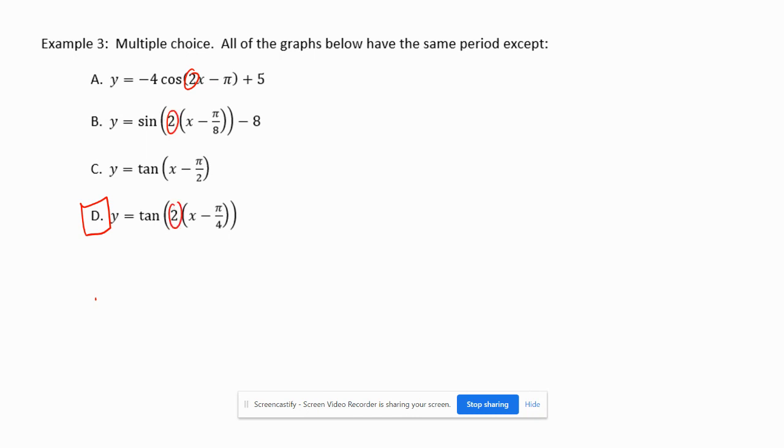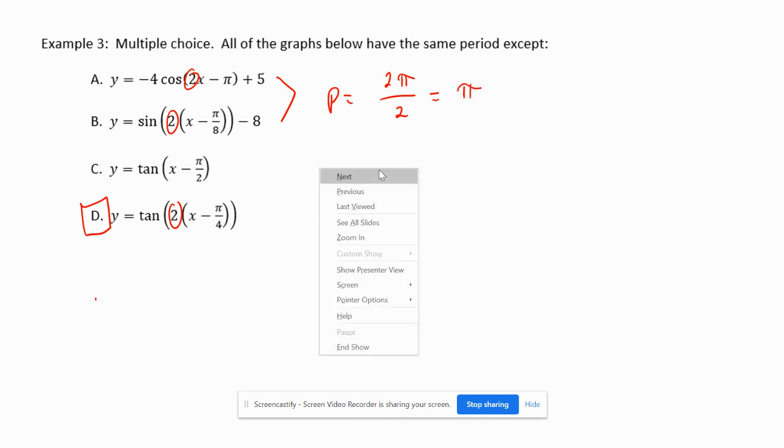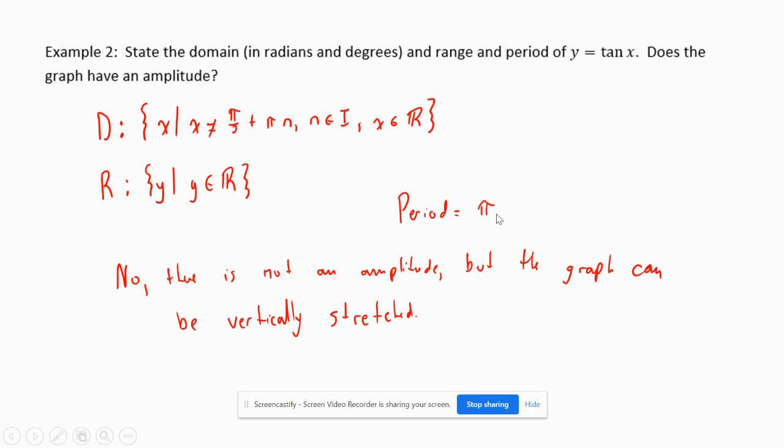But the reason why the answer is D and not C is that for these two graphs, our period equals 2 pi over 2, which is pi. But the thing we talked about in the last example is that the period of y equals tan x is pi. It's not 2 pi the way that sine and cosine graphs are.